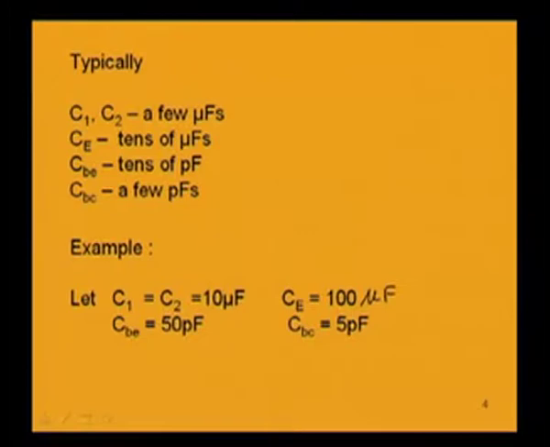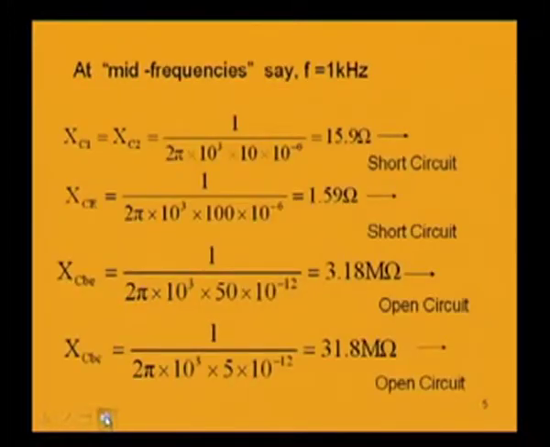With these typical values, let us find the reactances offered by these capacitances when the signal frequency is, say, 1 kilohertz, that is the mid frequency range, neither too low nor too high. Let us take 1 kilohertz as the frequency of the signal applied at the input, that is, Vs has a frequency of 1 kilohertz.